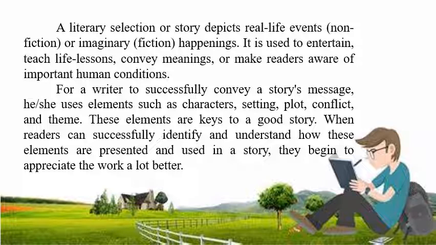For a writer to successfully convey a story's message, he or she uses elements such as characters, setting, plot, conflict, and theme. These elements are keys to a good story. When readers can successfully identify and understand how these elements are presented and used in a story, they begin to appreciate the work a lot better.